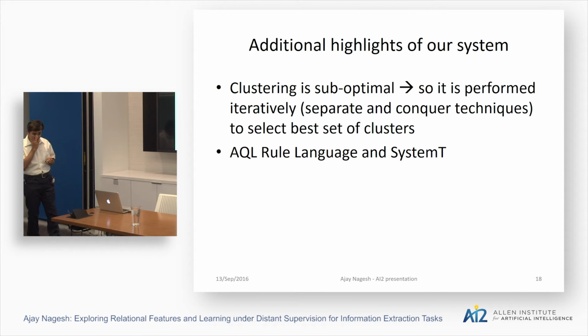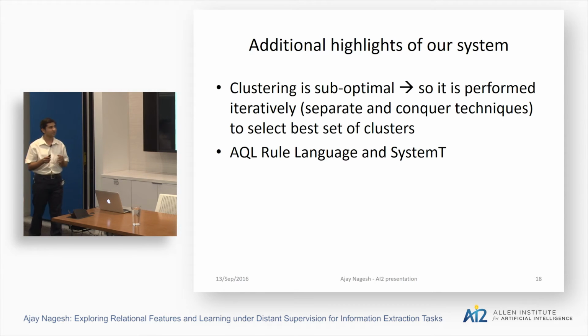One more thing that I abstracted out is that our target rule language is the Annotation Query Language, AQL, which is like SQL and was developed by people at IBM Research. Just like there was System R, there is System T, which is an engine to run AQL and acts like a theorem prover for our system.